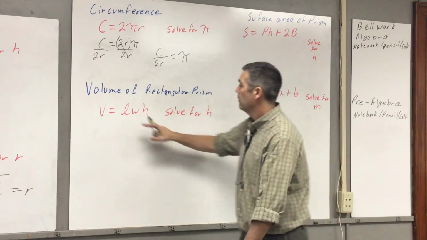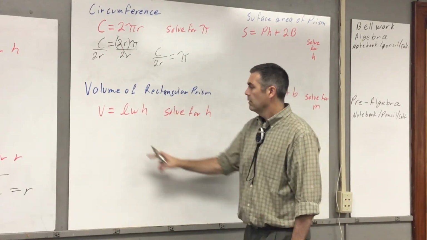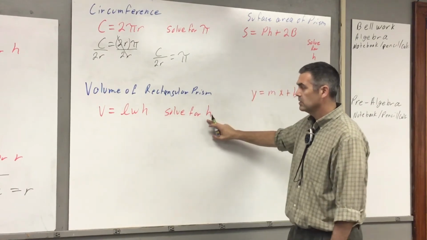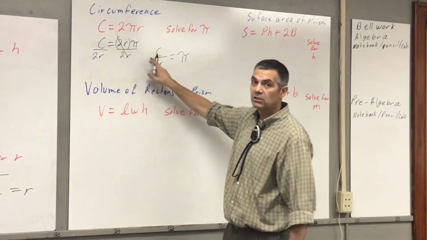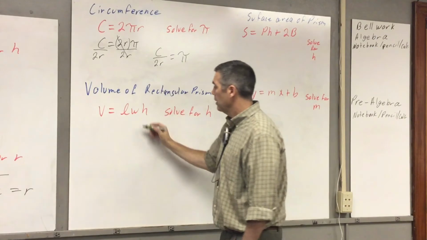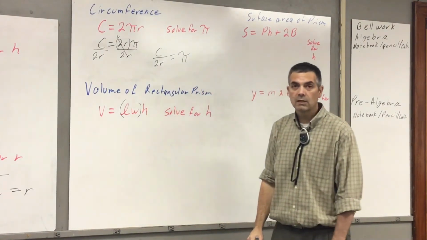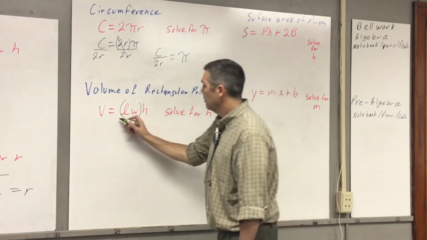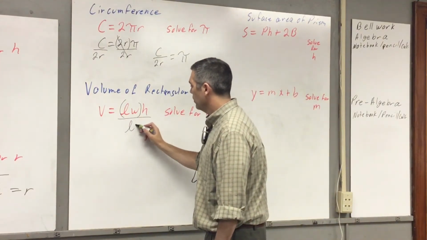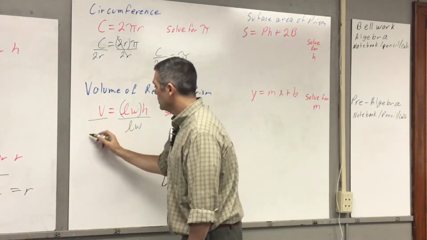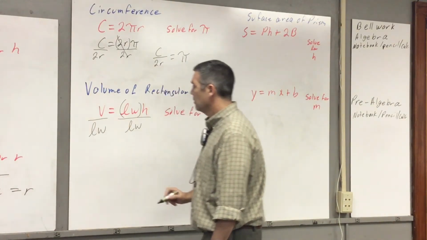Let's do this one. Volume of rectangular prism. V equals length times width times height, solve for h. It's the same thing as what we just did right here. Look, because it's all multiplication, I can group those two things together. Now, I can divide by both as a group on both sides. Okay?